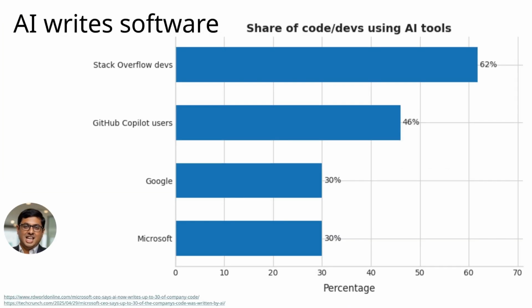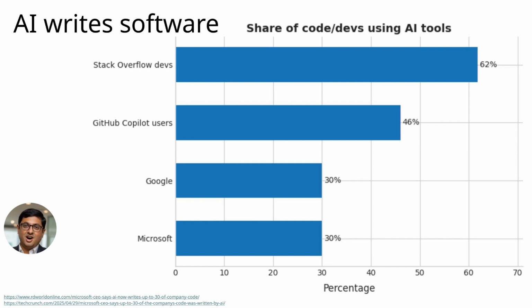This chart shows how widely AI is being used in software development today. At Google and Microsoft, about 30% of all code is now written by AI tools. Among GitHub Copilot users, that number is even higher, 46%. For Stack Overflow developers, an impressive 62% are using AI tools in their coding.